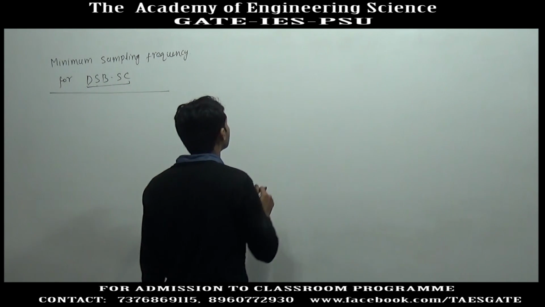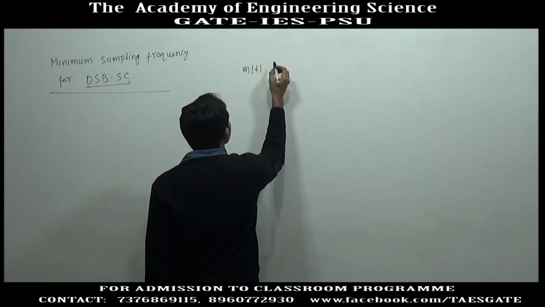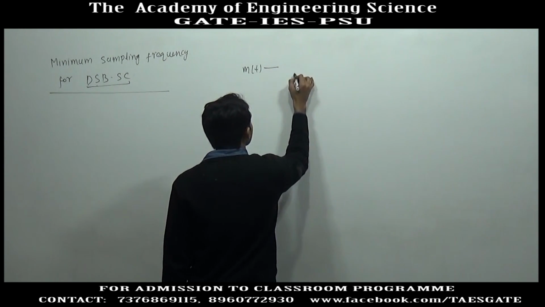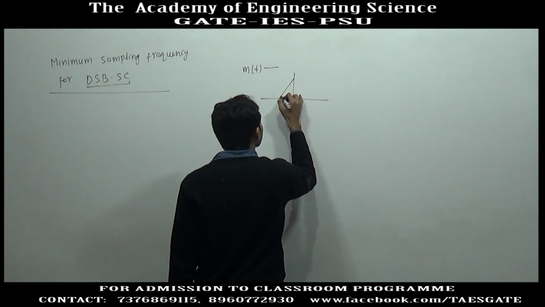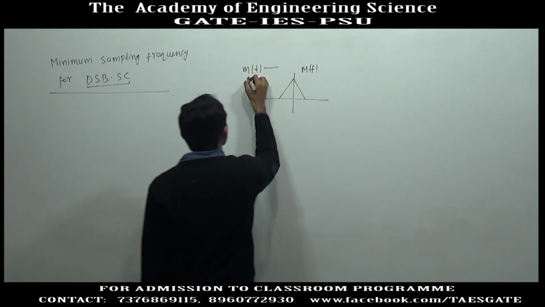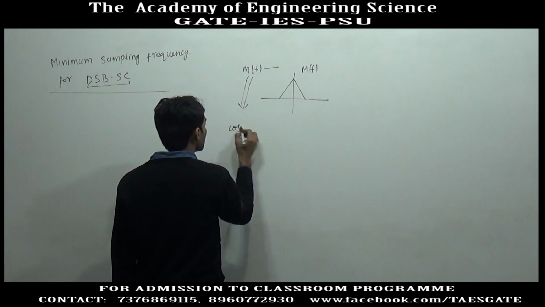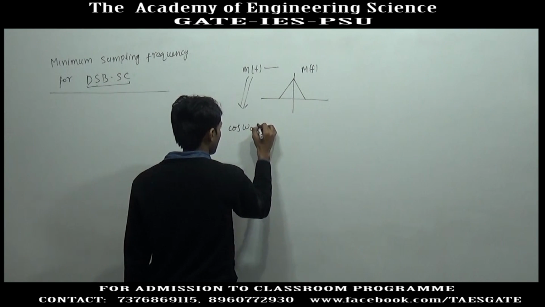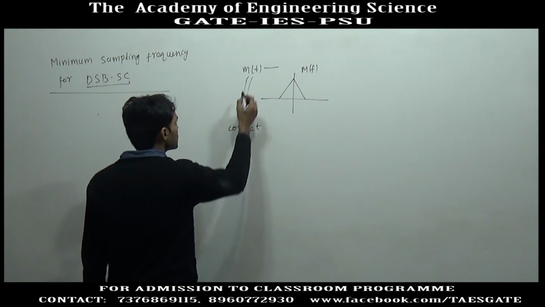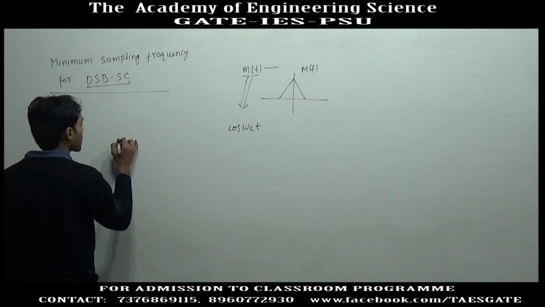In DSB-SC, there is a baseband signal m(t), and suppose m(t) has this type of frequency transform M(f). The amplitude modulation of a high frequency carrier is done by signal m(t). So, we get DSB-SC.